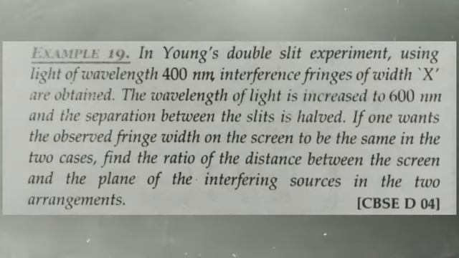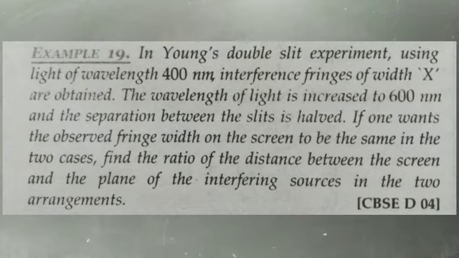For the next question: in Young's double slit experiment, using light of wavelength 400 nanometer, interference fringes of width x are obtained. The wavelength of the light is increased to 600 nanometer and the separation between the slits is halved.